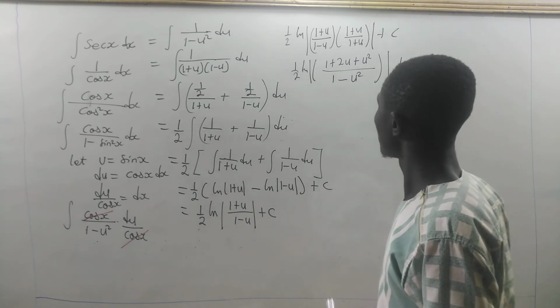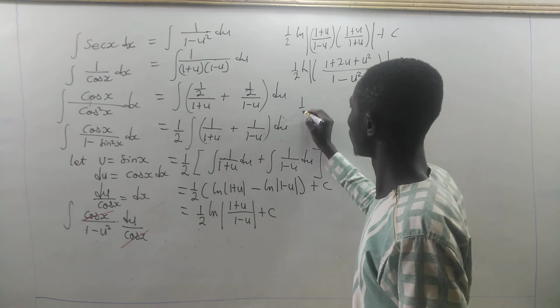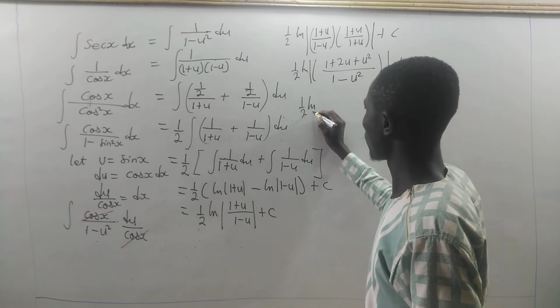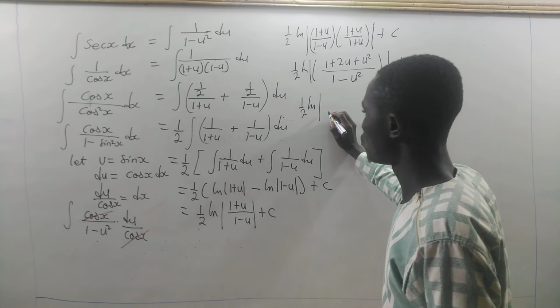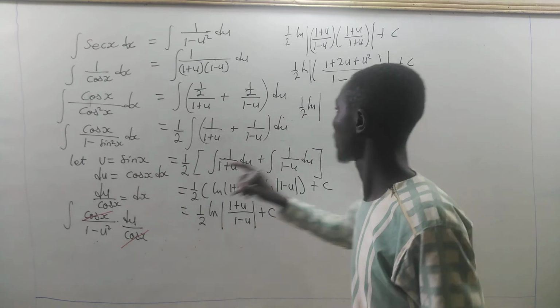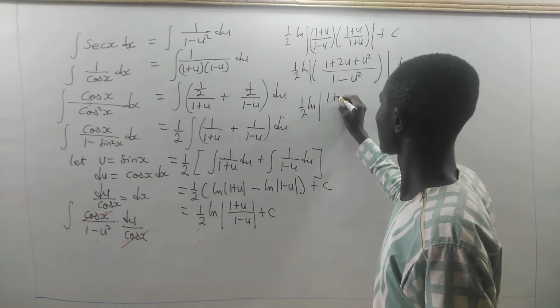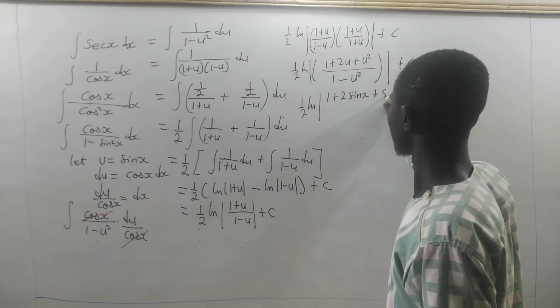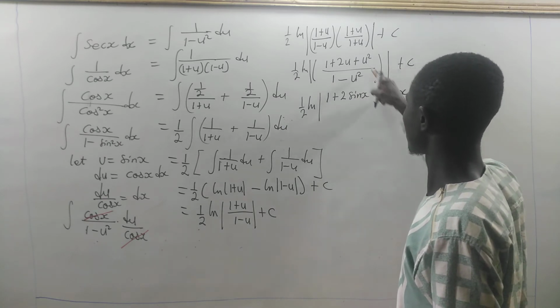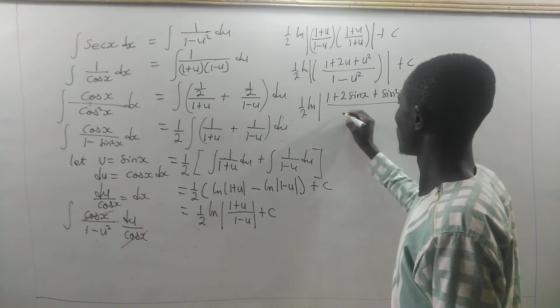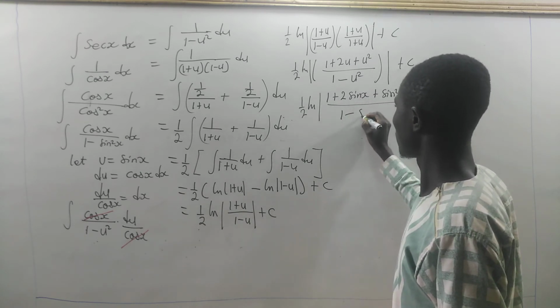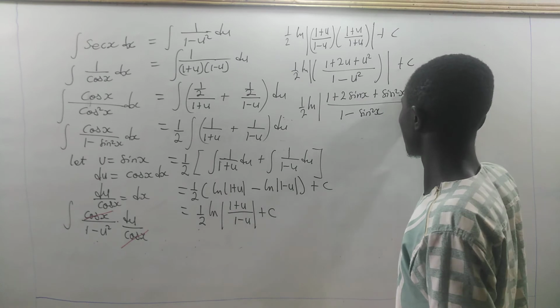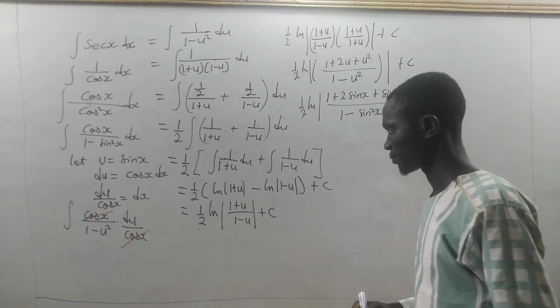Now, here we are going to have 1 on 2, the natural log of, let us do the substitution. We have u equal to sine x, so you have 1 plus 2 sine x plus sine squared x, that is u squared, divided by 1 minus sine squared x, plus c.